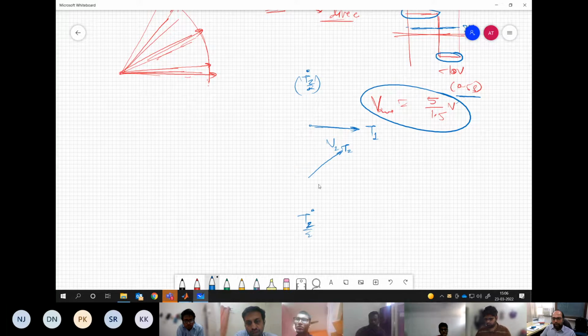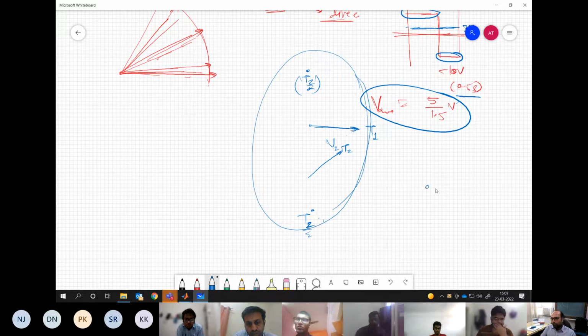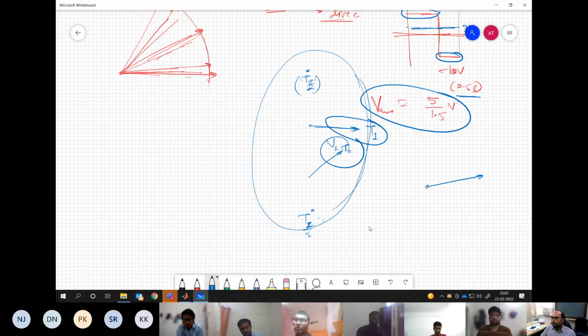This is what we have done discretely. The resultant of these quantities will be a vector which will have a certain magnitude and a certain direction based on the values of t1 and t2, isn't it? You understand my point?